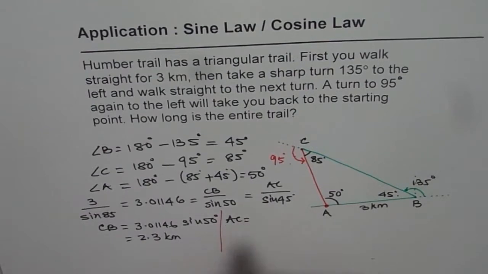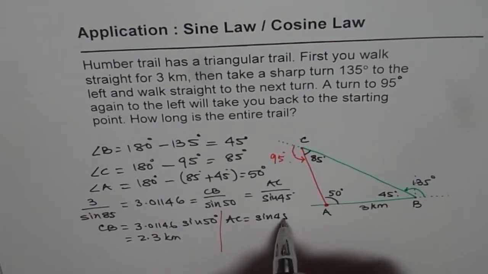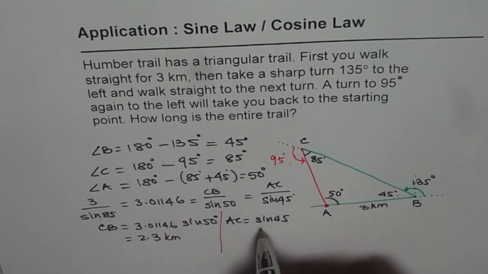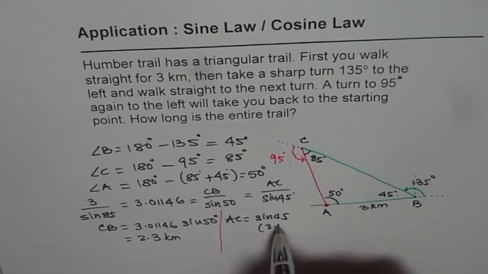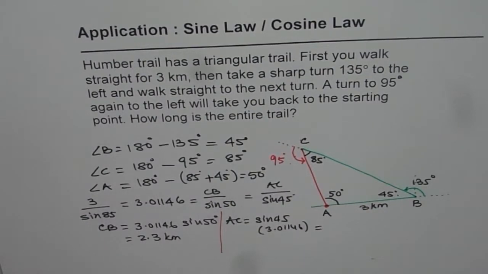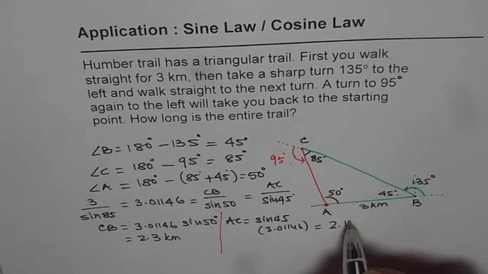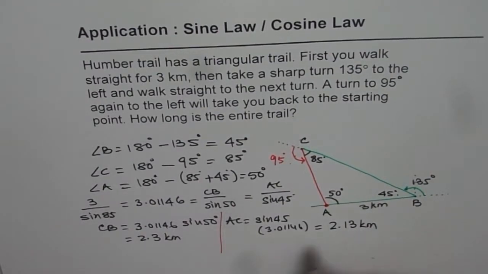AC equals 3.01146 times sine of 45, which gives 2.129, so I can write 2.13 kilometers. So that is AC.